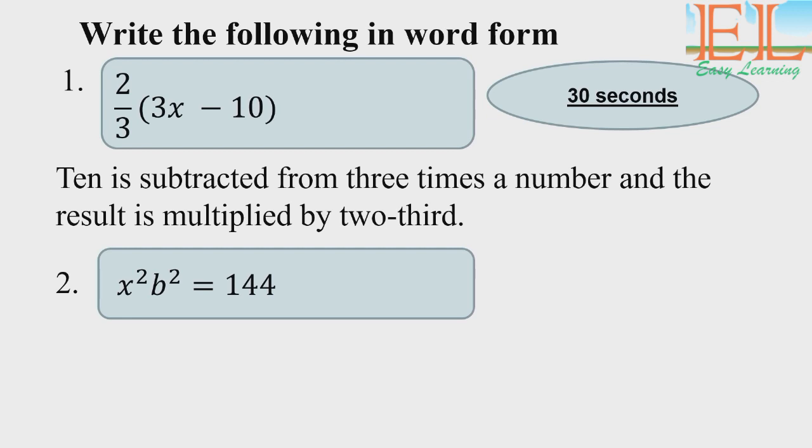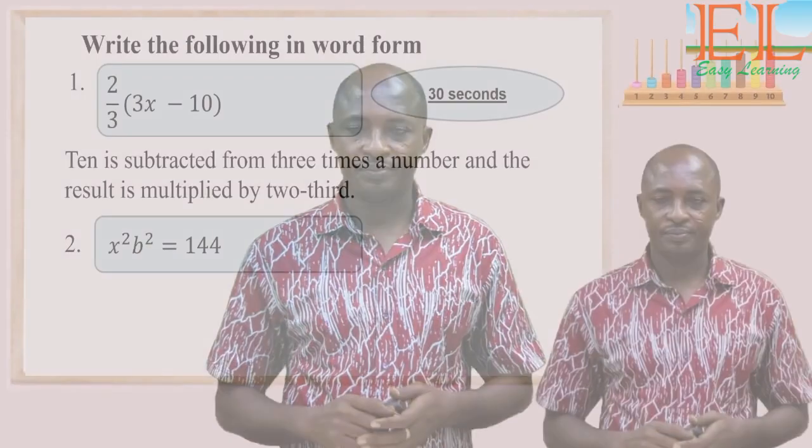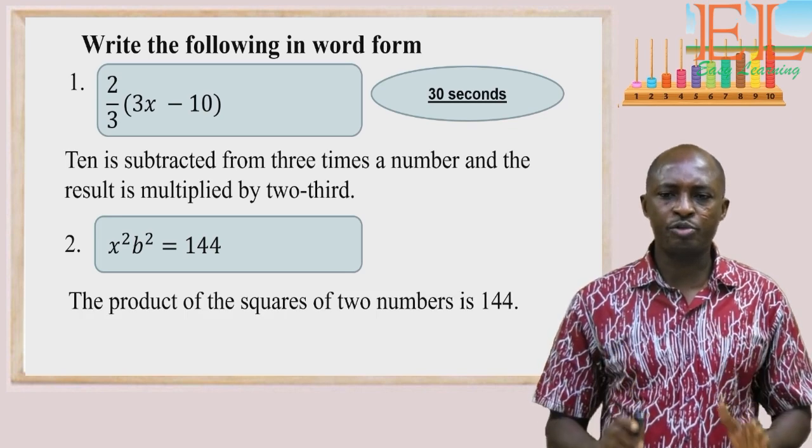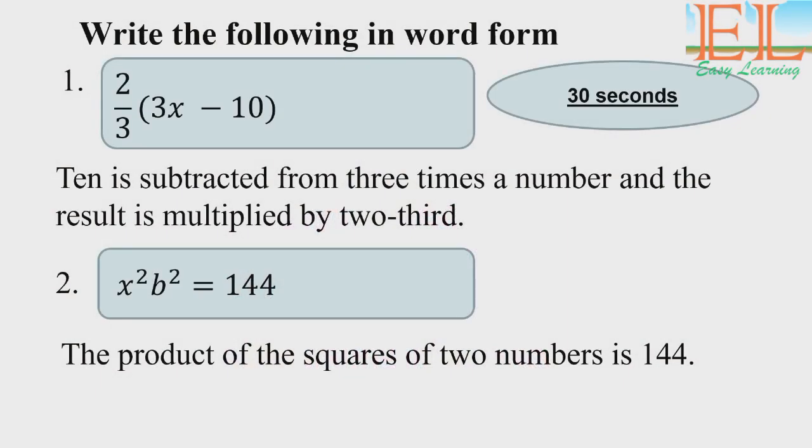I said 10 is subtracted from 3 times a number, and the result is multiplied by 2/3. Now for the second question, I have the product of the squares of 2 numbers is 144. I hope we are following the lesson.